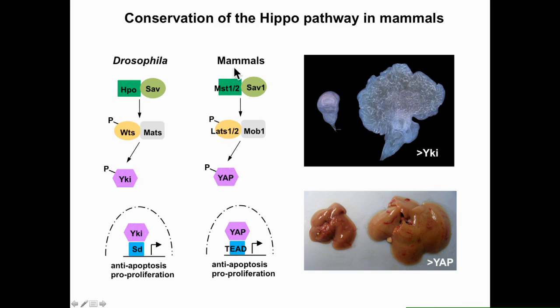So, for example, not only in fly, if you activate this oncogene Yorkie, you get a very severe overgrowth phenotype, but in mammals, a similar phenotype can be observed if you take the mammalian counterpart of Yorkie and simply overexpress it in a mammalian organ, such as the liver, and you also get tremendous overgrowth.